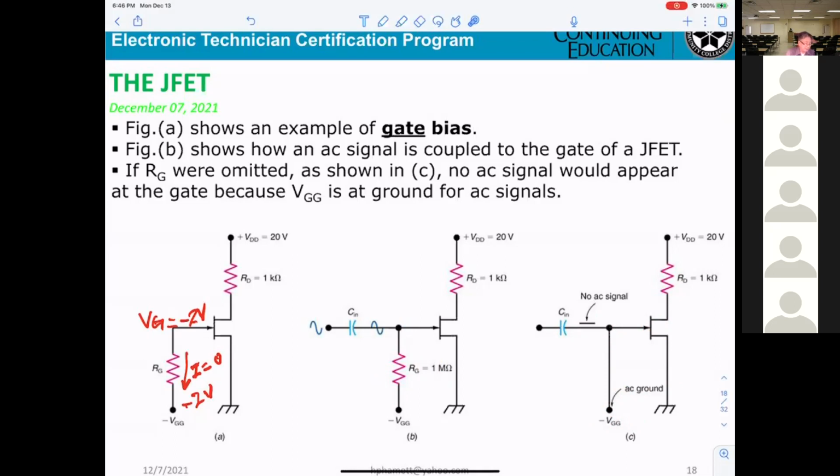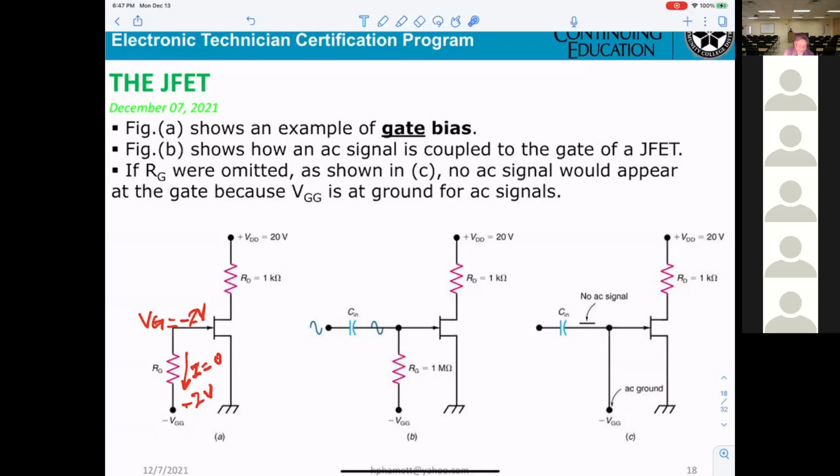Okay, any question? Just one last thing, Mr. Pham. So on that, are you saying that for AC, that resistor, it'll be shorted to ground? For AC ground, you understand, for the bipolar it's the same thing. When you're working for the AC power, the DC power supply must be grounded.